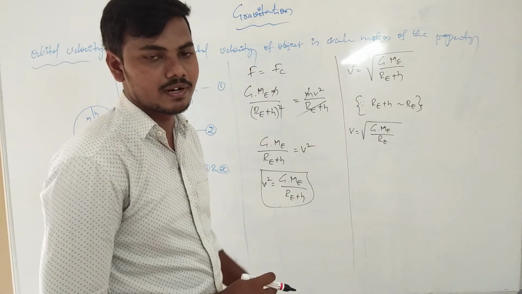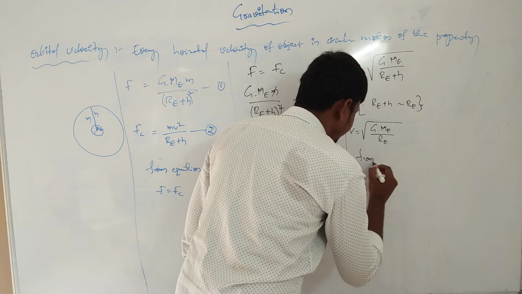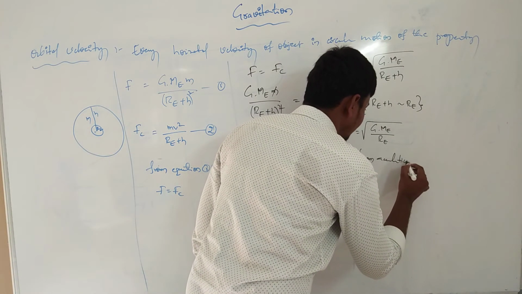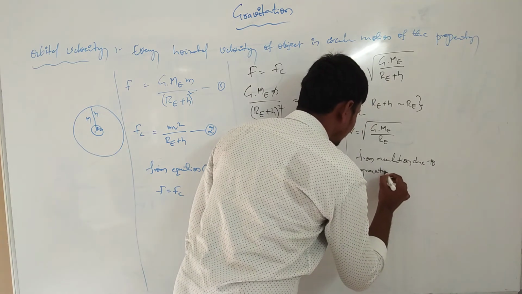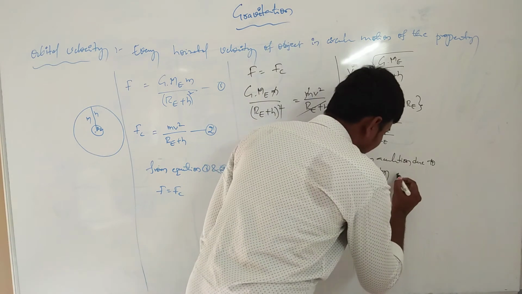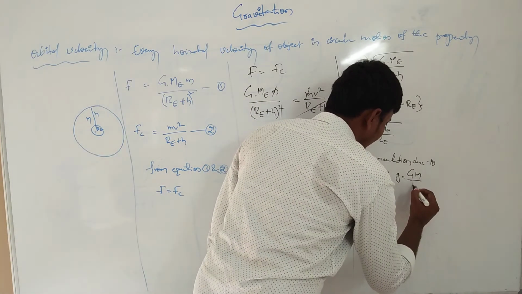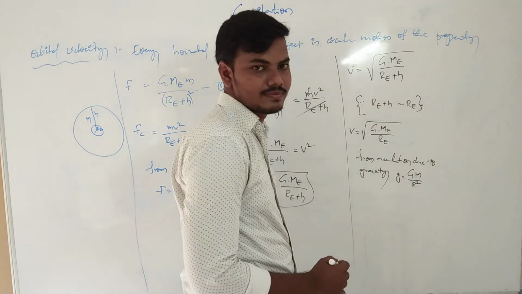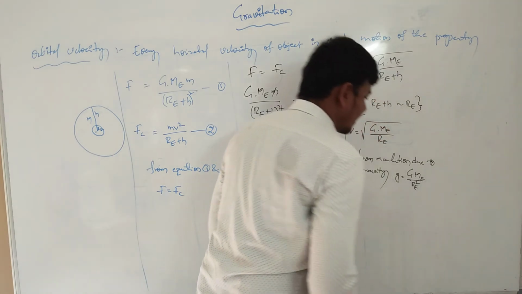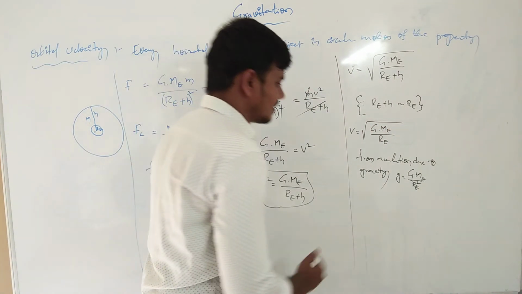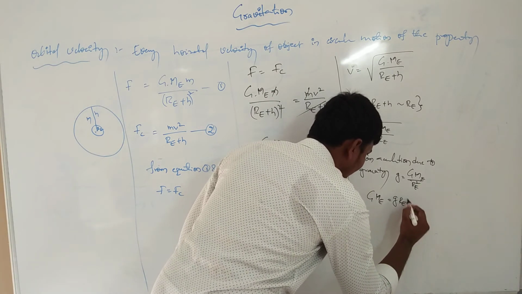According to the acceleration due to gravity equation, small g is equal to capital G capital M by R square. On the Earth's surface, this becomes G M E by R E square, so capital G capital M E is equal to g R E square.